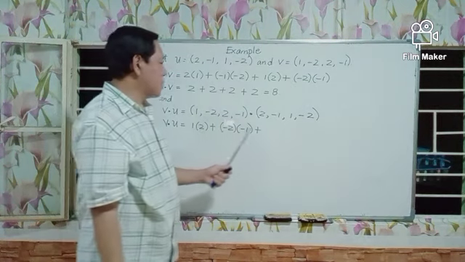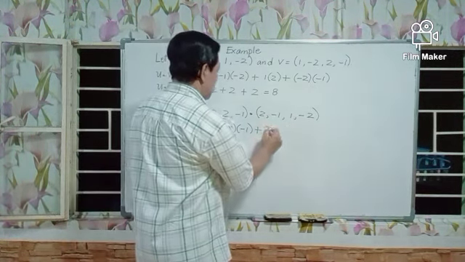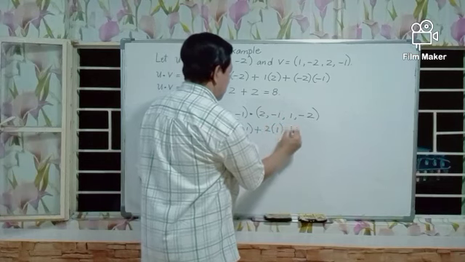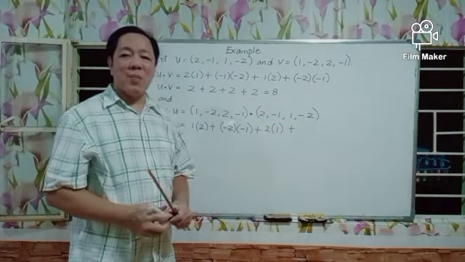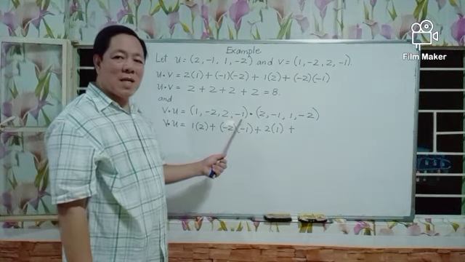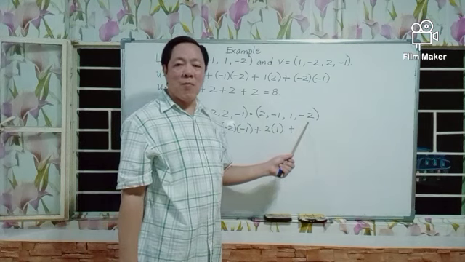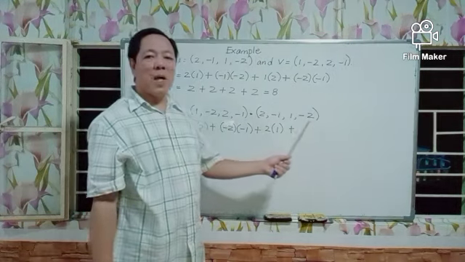Plus 2 multiplied by the corresponding coordinate 1. Plus the product of the last coordinates, the fourth coordinate of v, multiplied by the corresponding fourth coordinate of u. Negative 1 multiplied by negative 2.